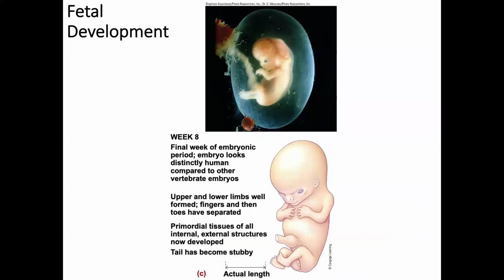By week 8, the embryo completes the embryonic development period and starts to transition to the fetal stage of development. Now it already looks like a human being, and the major organs such as the heart, brain, pancreas, kidneys, and liver are formed.